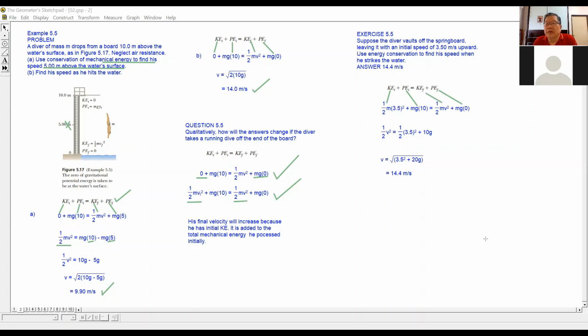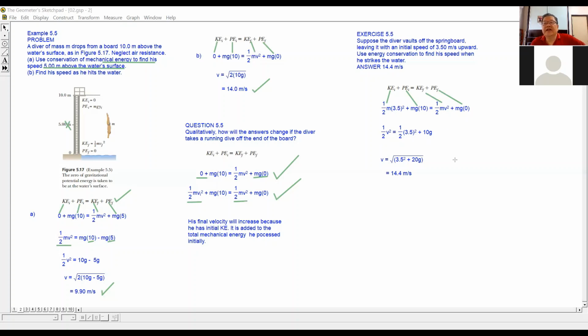So we try to solve this equation. First of all, cancel all the m away. And this final potential energy is zero, so just ignore this, because it's going to be zero. So what is left is half 3.5 squared plus 10g.